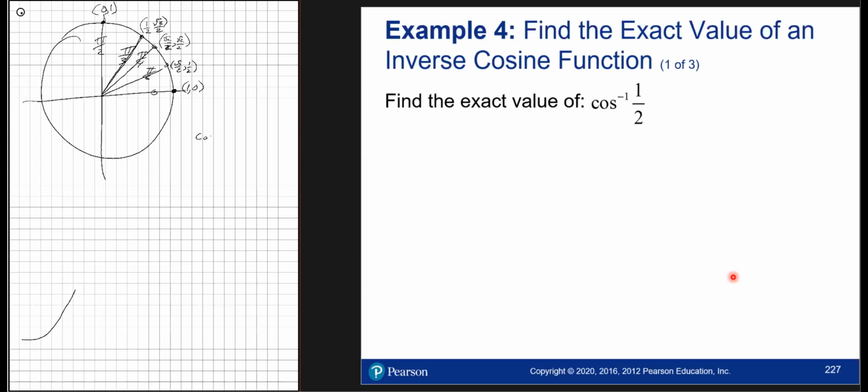So cosine inverse of 1/2, but cosine is measured from 0 to pi. -1, 0 is that point.